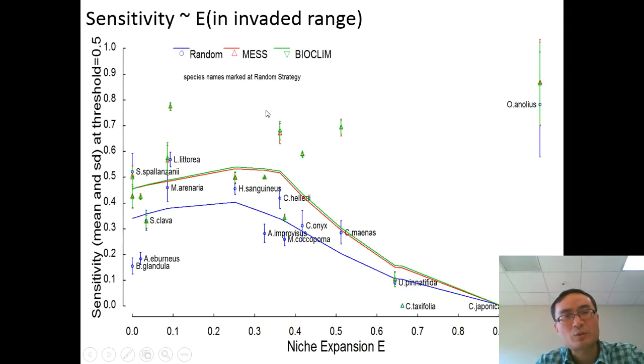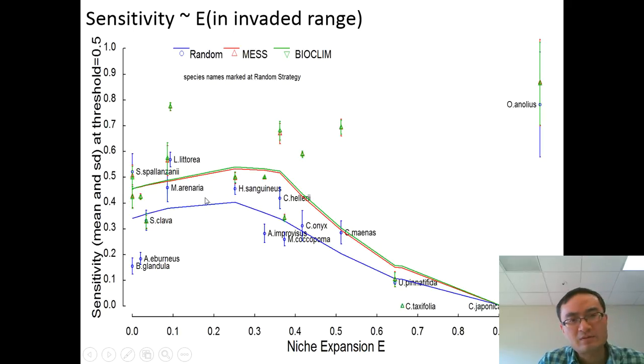This graph shows the relationship between sensitivity and niche expansion in the invader range. First, it reveals that all the marine invasive species considered show varied degrees of niche expansion from 0 to 1.